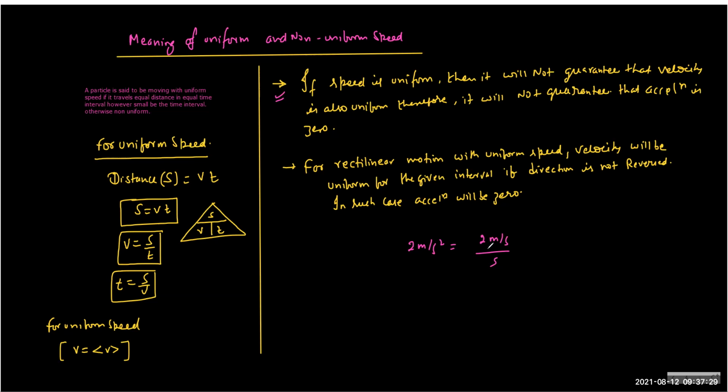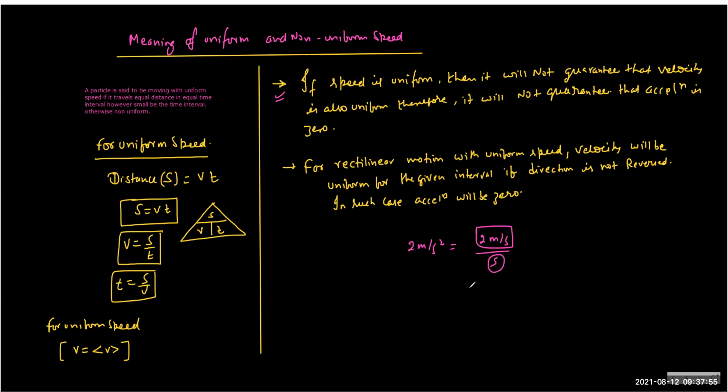It is saying that I am capable of changing the velocity by 2 meters per second in 1 second. It means if you start from rest, in 1 second I will change your velocity from 0 to 2 meters per second.